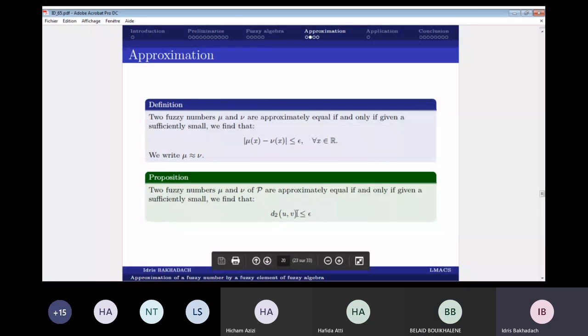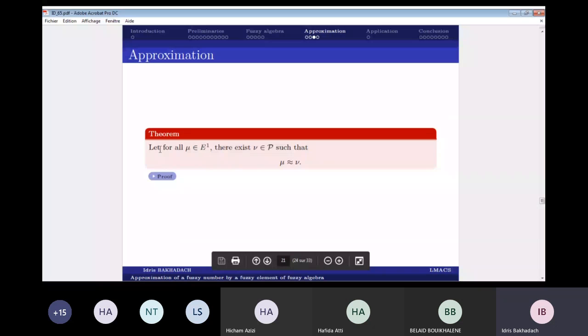So as an important result, we demonstrate that E1 is approximately equal to P. So each element in our set is approximately equal to some element of P. So with respect to the time, I will go to the application.